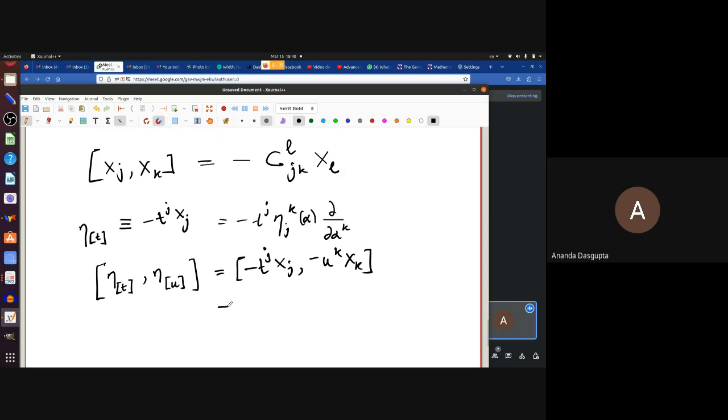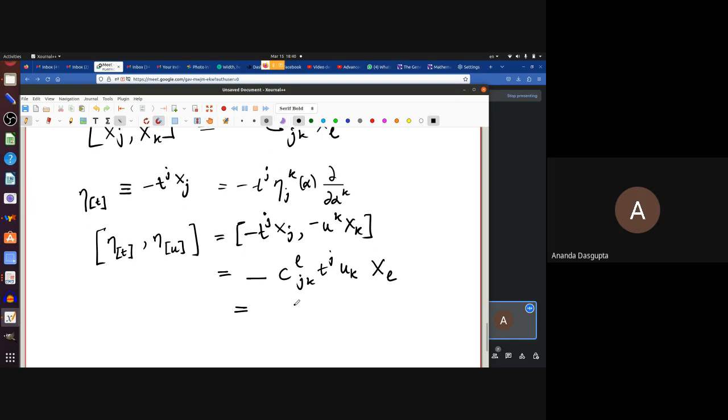And using what we have just now, this will become c l j k tj uk xl, right? So this actually will be eta of another tangent vector v.